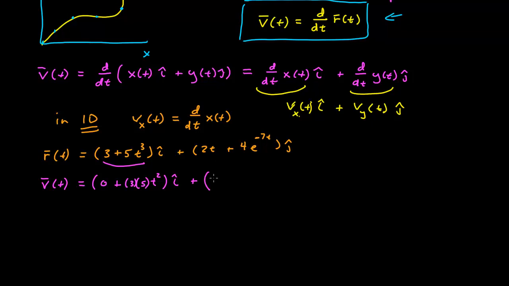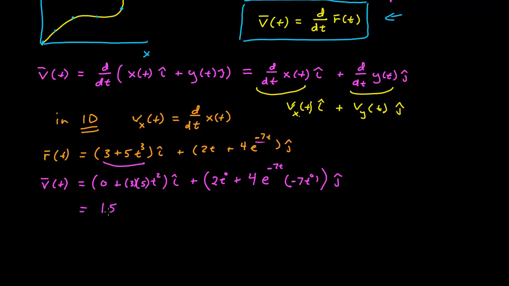The derivative of 2t is just 2, t to the 0, plus 4, the derivative of e to the x is e to the minus 7t, times the derivative of the exponent, which is negative 7, t to the 0, and this is all j hat. So now I can complete this.